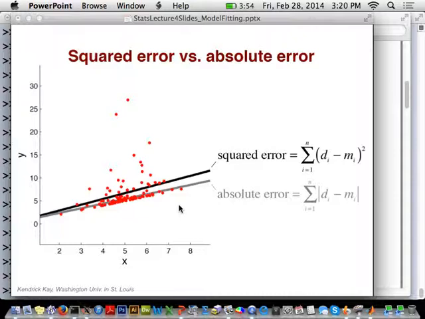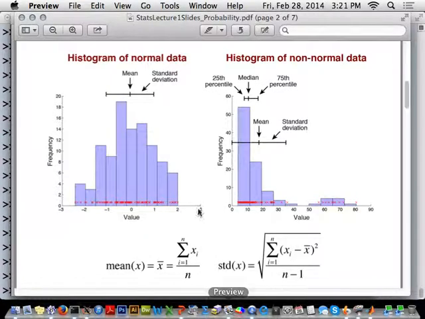And in fact, there's this cool connection between squared error and absolute error and things we've already seen in the first lecture. So if you have a set of data points, I'll go back to this slide. Just think about one variable. You have all these data points, and what value minimizes the squared error of these data points? So just the differential between the value and each of these numbers.